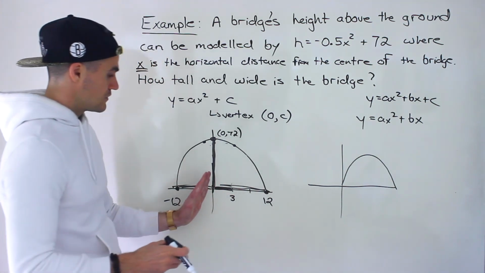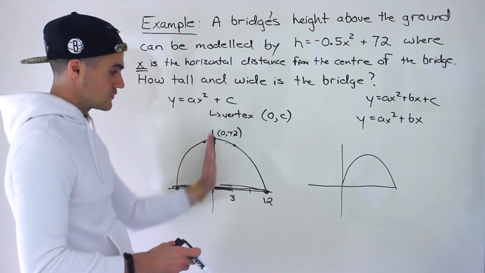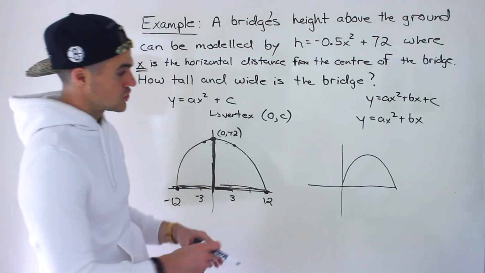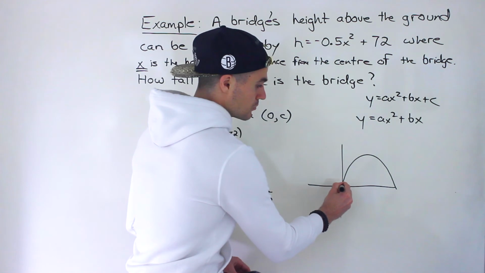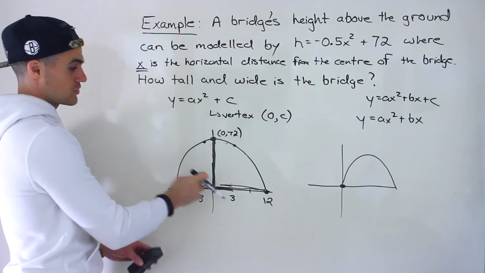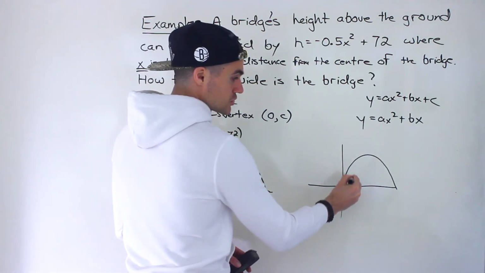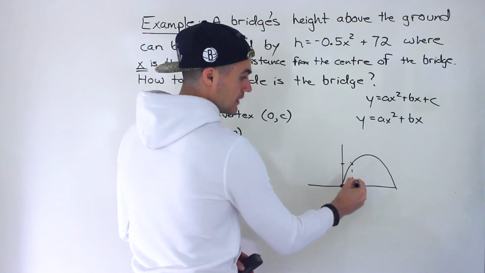Where instead of the y-axis or an x value of 0 being the center of the bridge, it's actually going to be one end of the bridge. And then the x variable is not going to be the horizontal distance from the center, it's going to be the horizontal distance from the end of the bridge, and then that's going to give us certain heights.